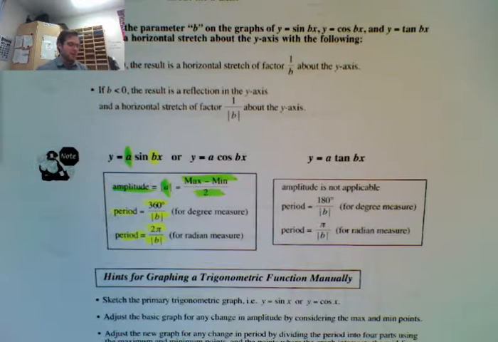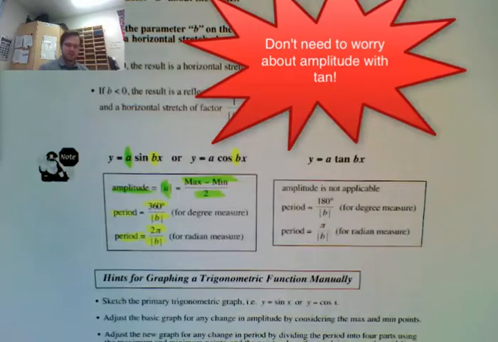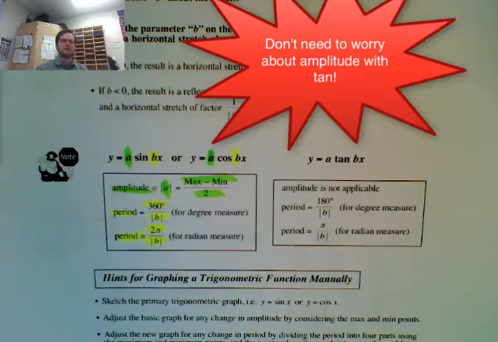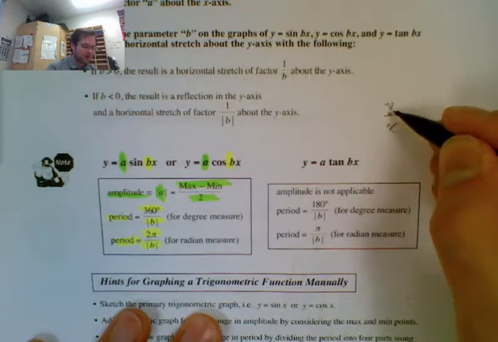Now, when we look at tan, this is going to give us something a little bit different. All right, tan is going to be a bit different from cosine. Tan is only going to be 180, because if we remember, tan is the same as y divided by x.